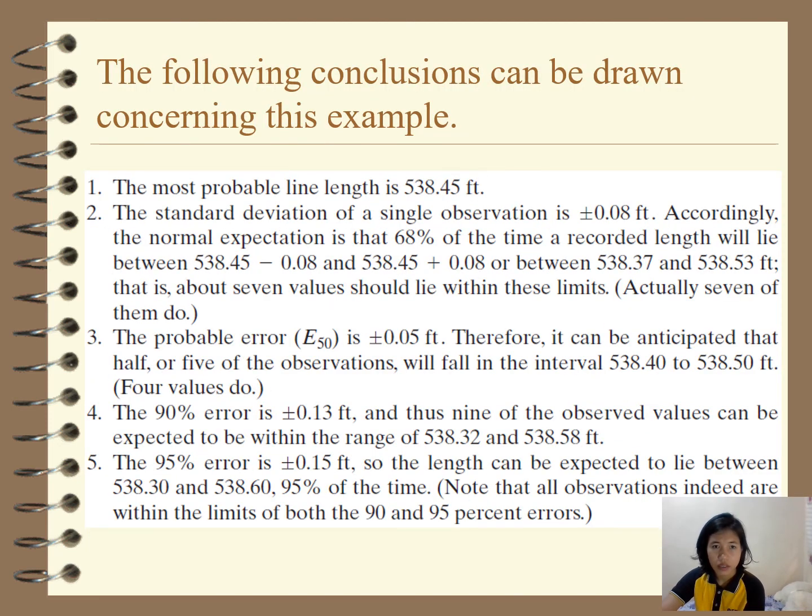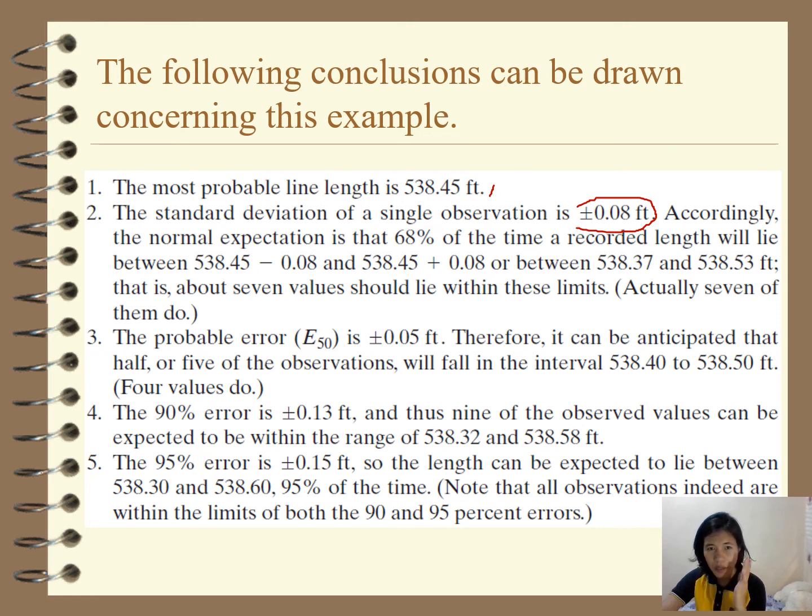Okay? So, the most probable value is this. So, this is the explanation of the computation, the MPV that we got. So, the standard deviation of a single observation is this one, to remember the data. So, accordingly, normally it is expected that 68% of the time the recorded length will lie within this value.